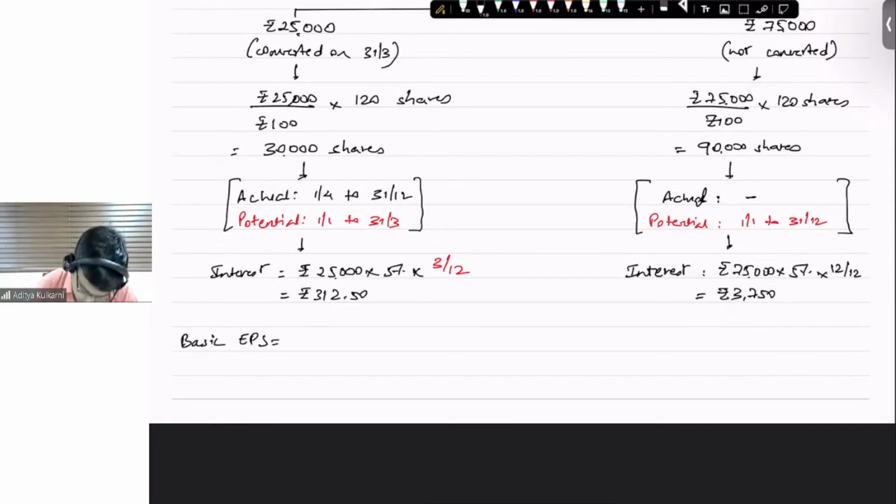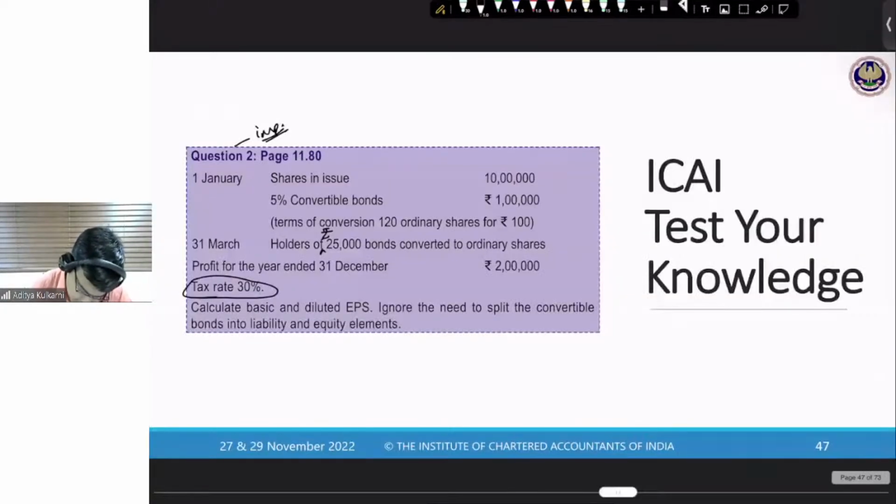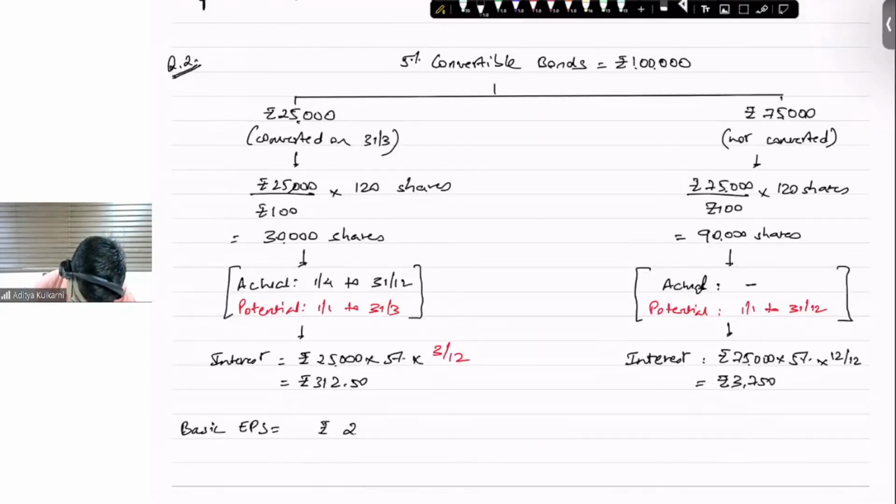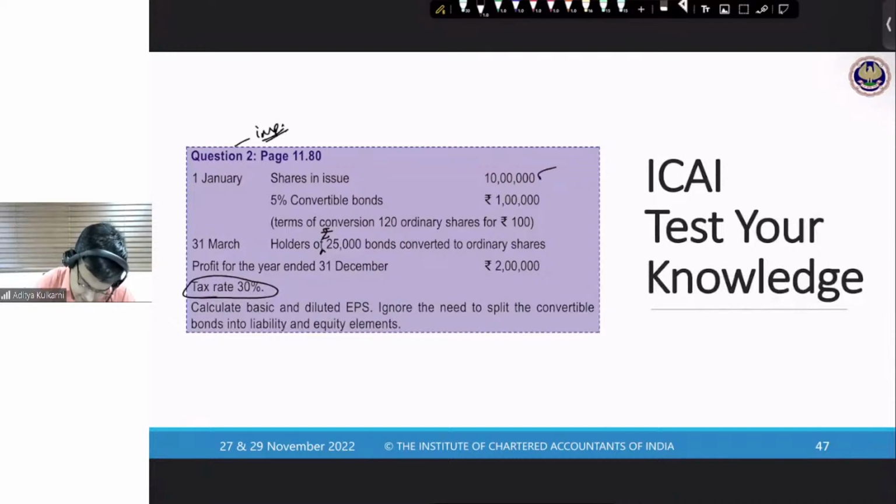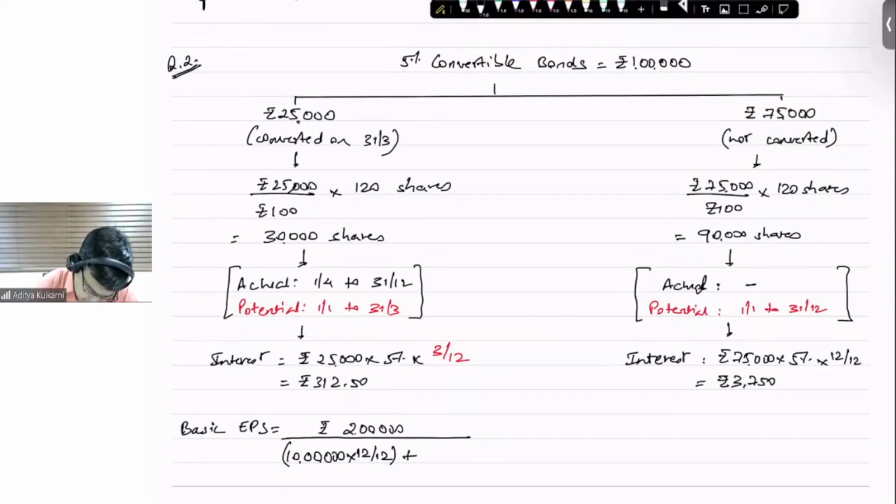Basic EPS, you would have taken rupees 2 lakhs divided by 10 lakhs into 12 by 12, the existing share capital, plus these actual shares for a 9-month period, 30,000.